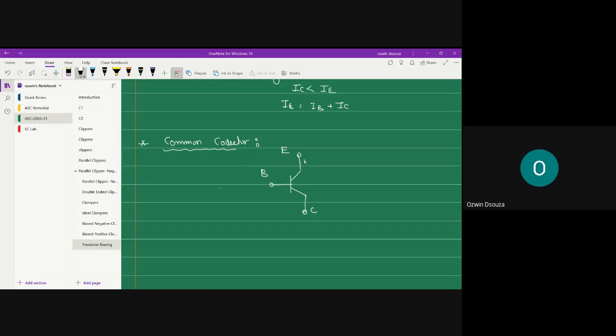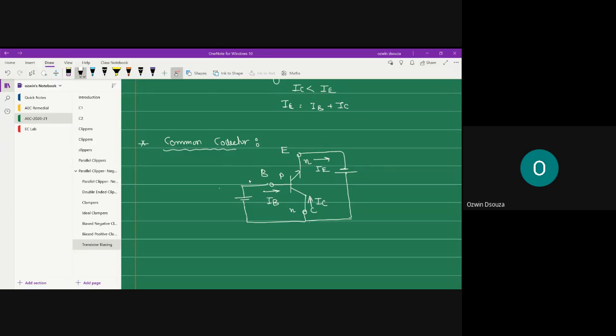So this is N, P, N. So base current, collector current, and this is your emitter current. So base and collector current add up and will flow out as the emitter current.